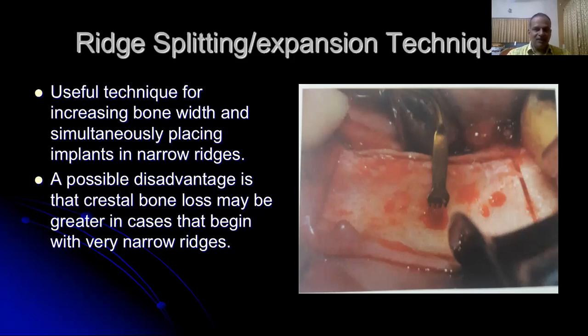The main concept behind this ridge splitting or ridge expansion technique is to reposition the buccal and lingual cortical plates, to create space between these two cortical plates, and to place the implants within this space, which will help in formation of bone in this space around the implants.